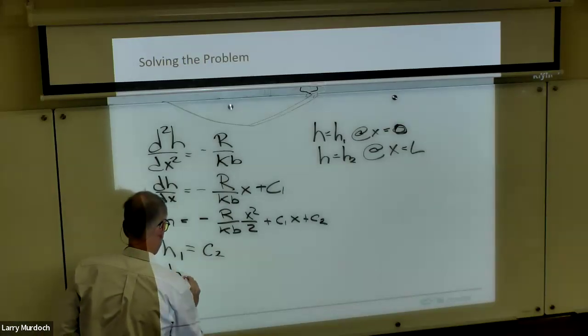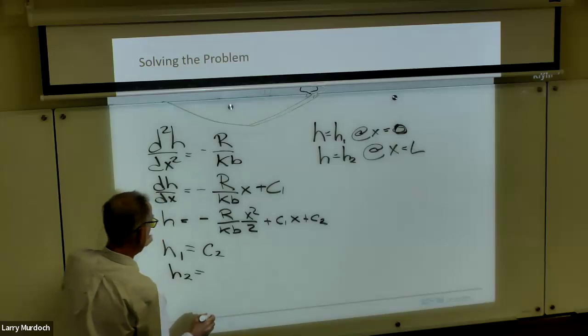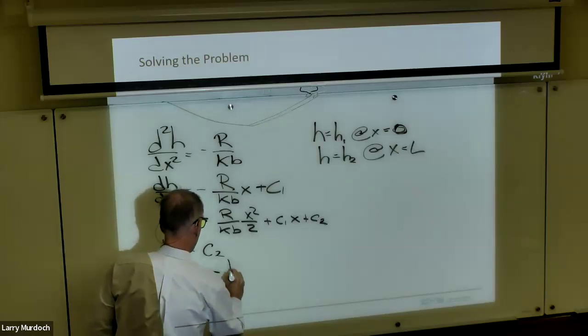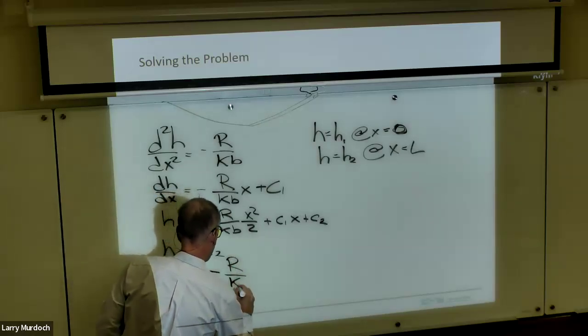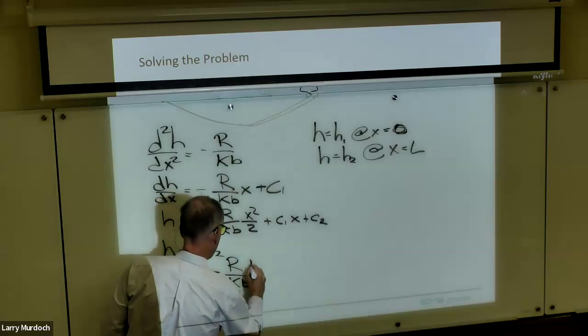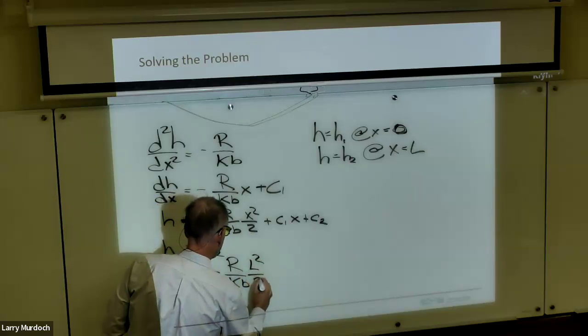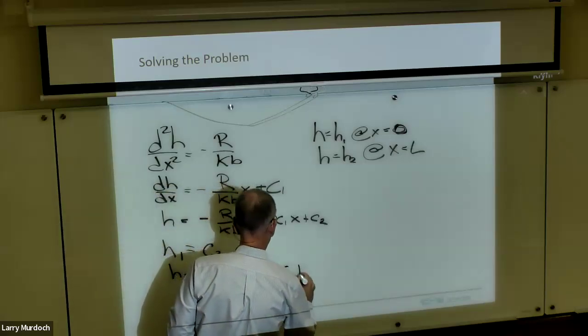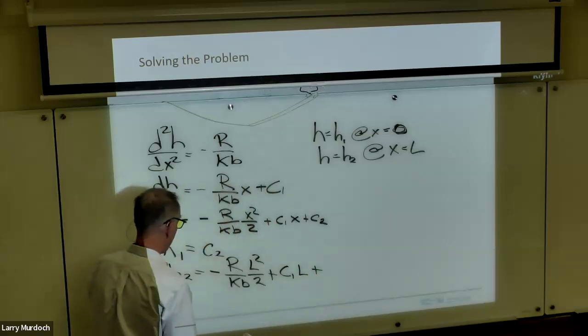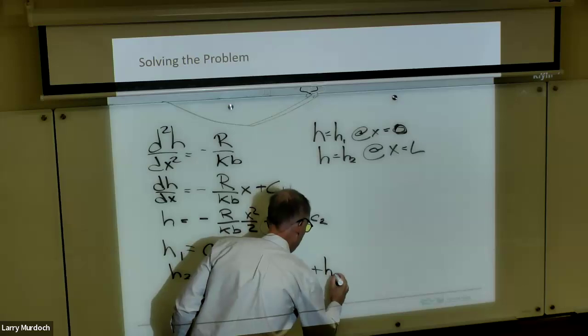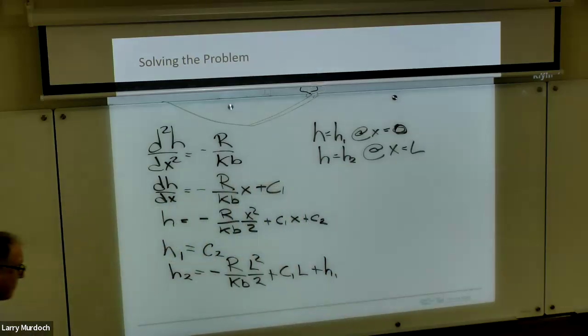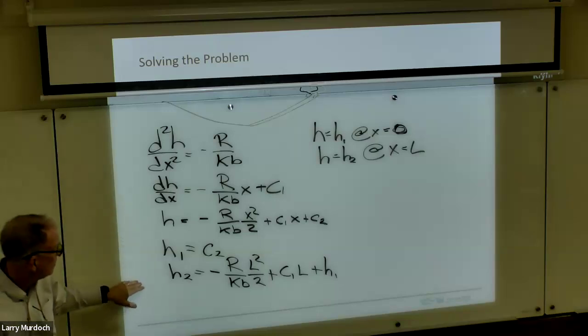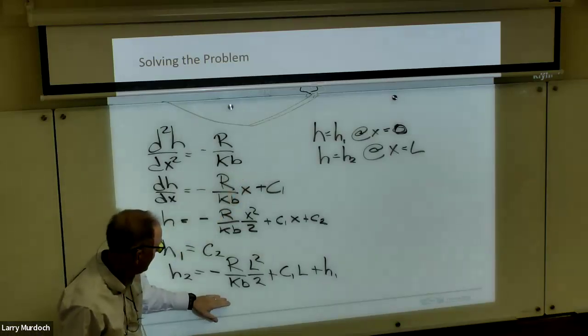So that'll give us H2 here, and then we have minus R A B, that would be L squared. And we already know that C2 is equal to H1, so I'll put that there. Okay, so that's all the info we have substituted in here.